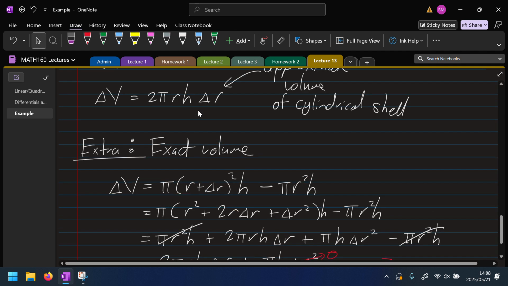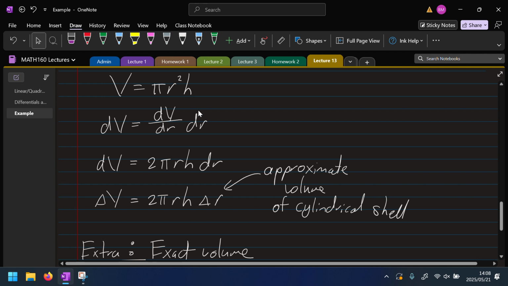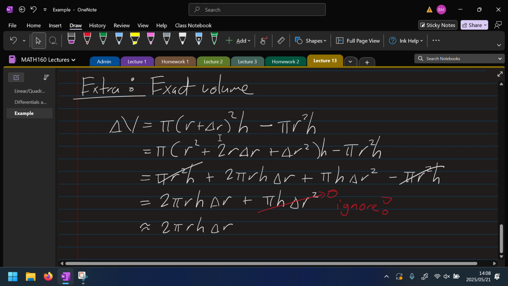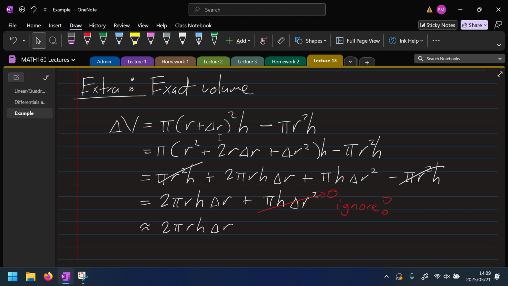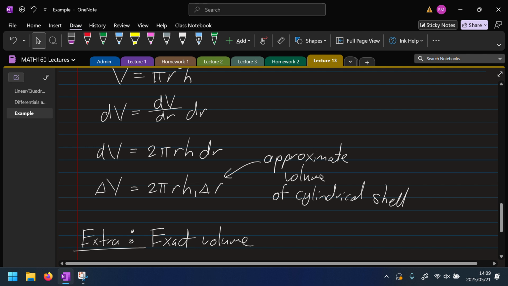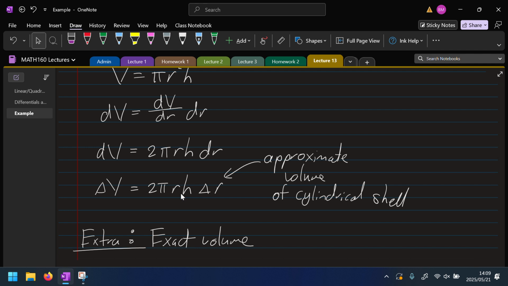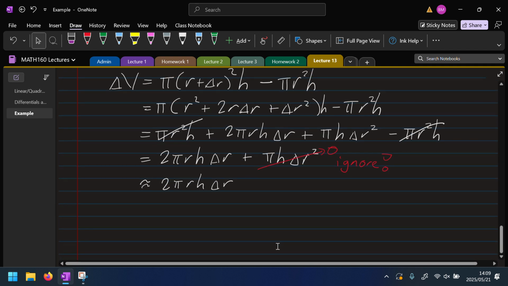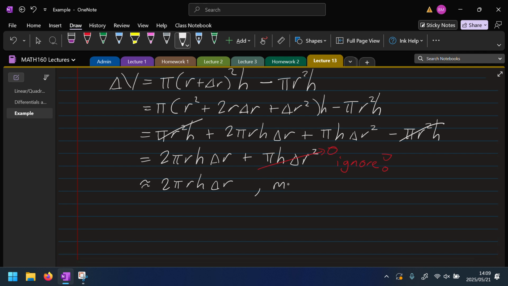And if we compare this with the approximate, we see it's the same. This was the exact volume. We throw away a term, so it's no longer exact, it's approximate, and this is exactly what we get over here. Whenever you're throwing stuff out, it's now approximate. And we can see it matches up with what we had before.